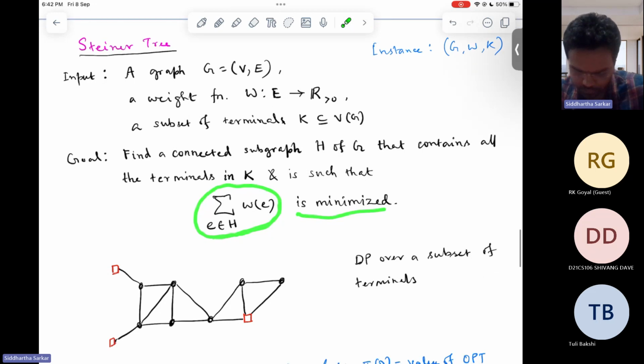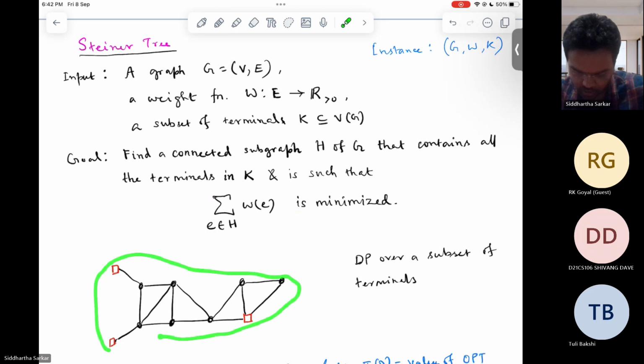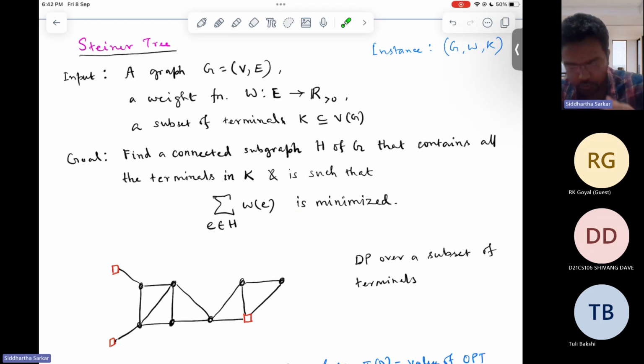So basically, maybe you can take an example. Maybe these are the cities. These terminals are sort of metro cities, like large cities, and you would like to have good connectivity among these metro cities. But these metro cities are not directly connected to each other. Maybe they're connected via smaller cities, and these smaller cities have also connections, some roads.